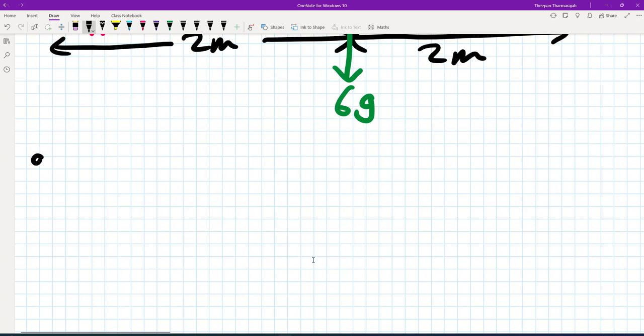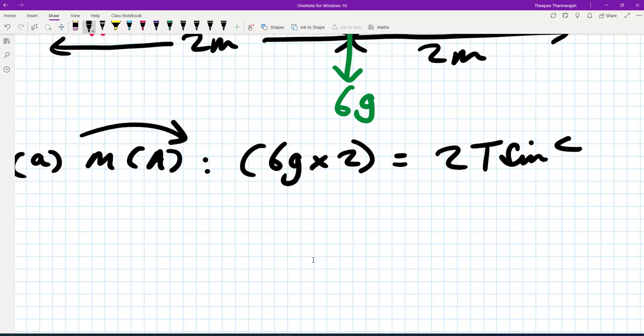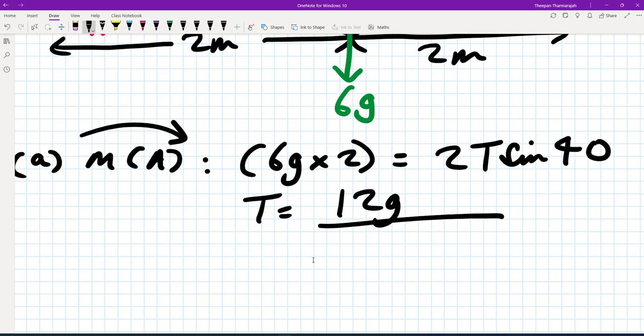So now, again, like before, we can take moments. Taking moments about A, taking clockwise as positive, 6g times 2 is 2T sine 40. Therefore, T is 12g over 2 sine 40.